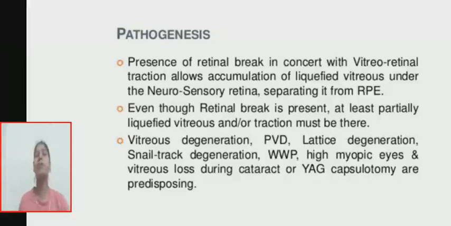Now, pathogenesis of rhegmatogenous retinal detachment. Presence of retinal breaks in concert with vitreoretinal traction allows accumulation of liquefied vitreous under the neurosensory retina, separating it from the retinal pigment epithelium.